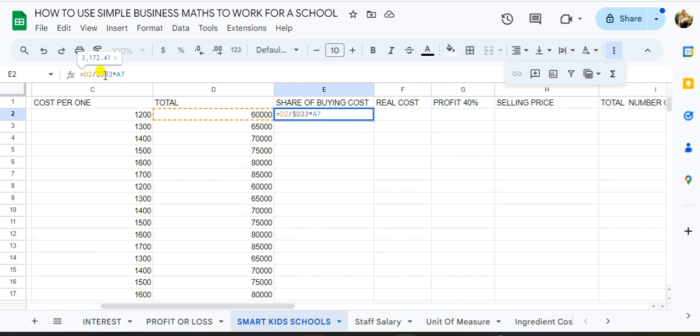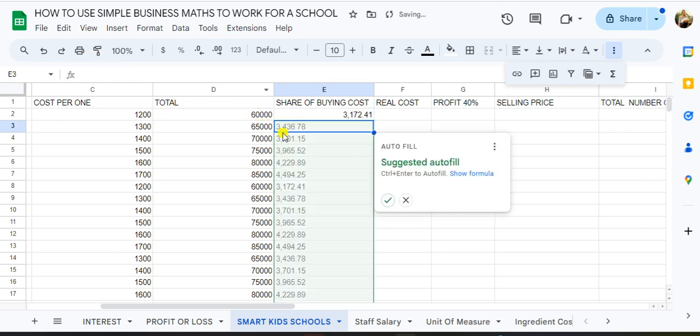It's not hard. Use your shift key, then press the dollar sign, take your mouse to A7, go to the back of A, hold your shift key, press the dollar sign, go back to the front of your A7. In front of A, hold your shift key and press the dollar sign, which is number 4. Then you click enter.